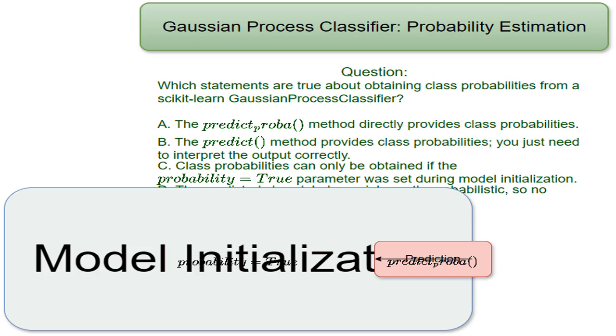It tells the Gaussian process classifier to calculate and provide probability estimates. It's like giving a machine learning model the superpower to provide not just a single prediction but also a confidence level. Without this, the model is only capable of making hard predictions, like a flip of a coin.